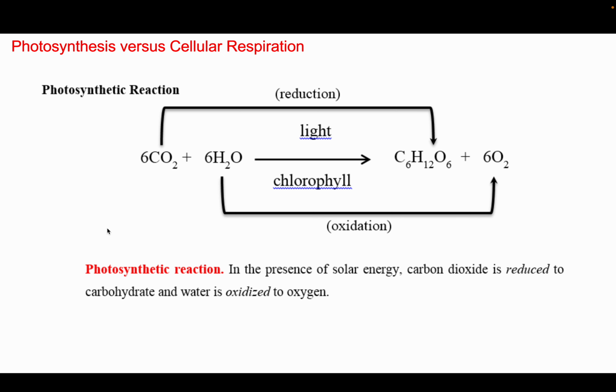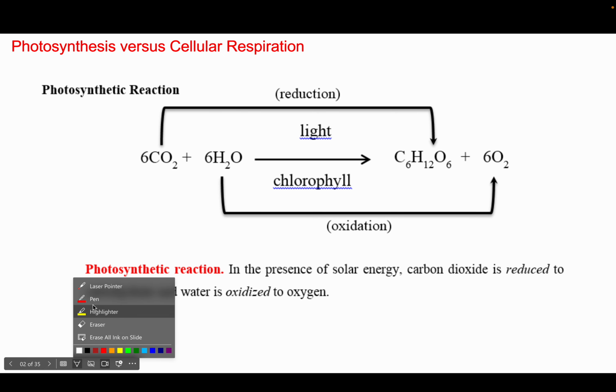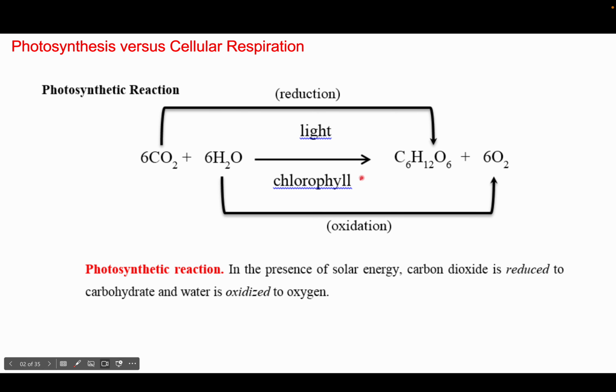So, in the presence of the green pigment chlorophyll that is found in all plants that captures sunlight, okay, carbon dioxide and water are reduced and oxidized respectively as glucose and oxygen molecules. So remember the difference, or remember what happens for each molecule.